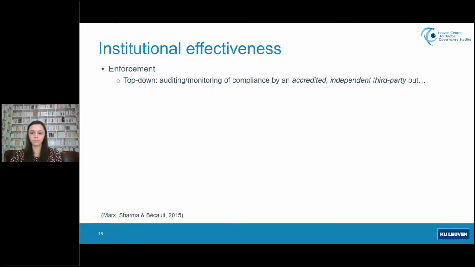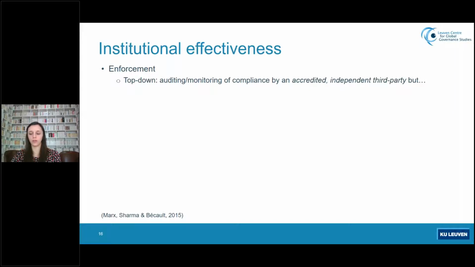So that was for standard setting. Another dimension of VSS institutional design is the enforcement mechanisms that they have. So first, VSS do have top-down enforcement mechanisms, which consist in monitoring or auditing procedures, which assess compliance of VSS adopters with the standards.